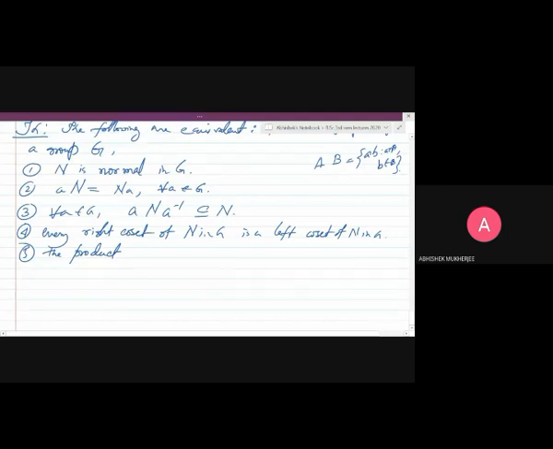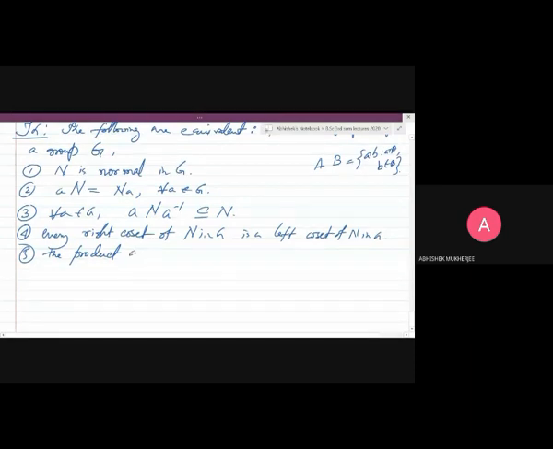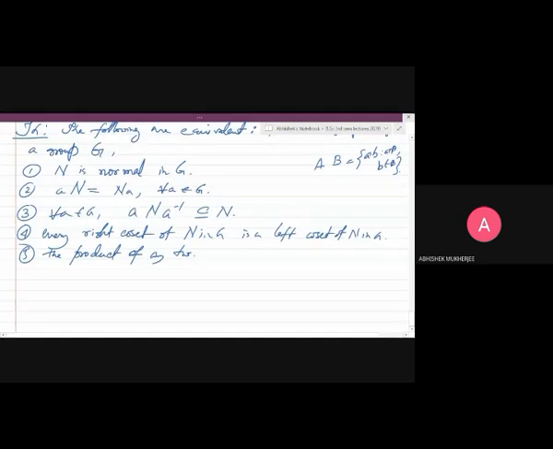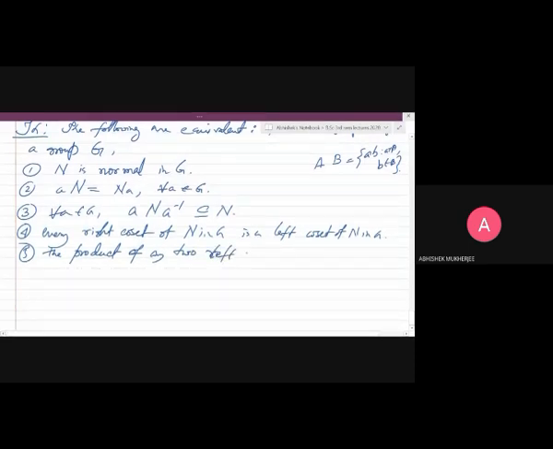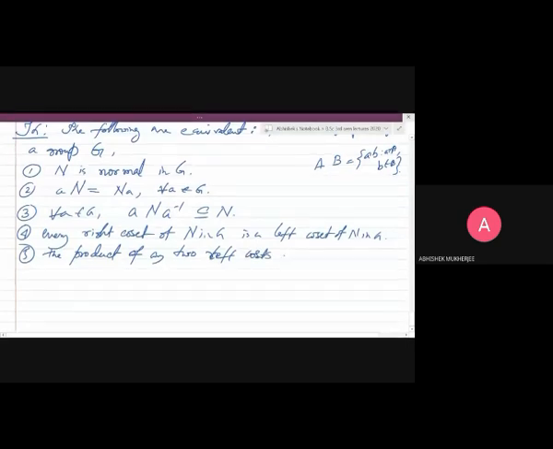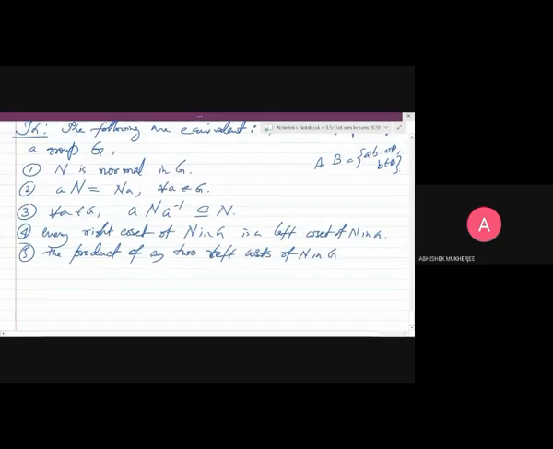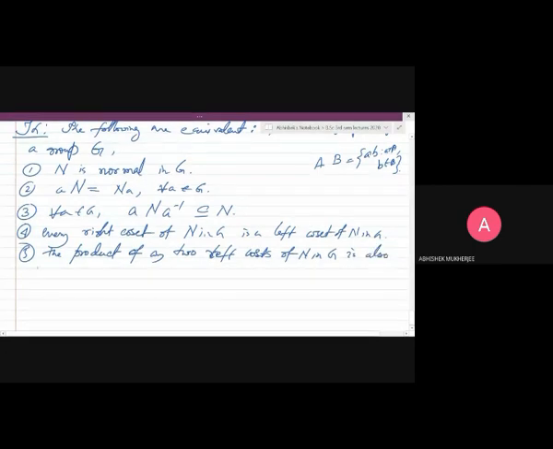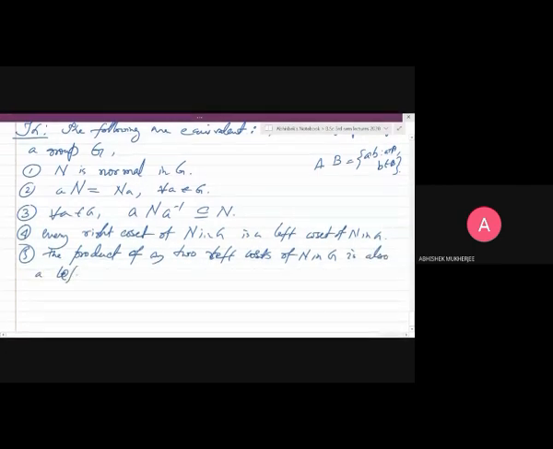So the product of any two left cosets of N in G is also a left coset of N in G.